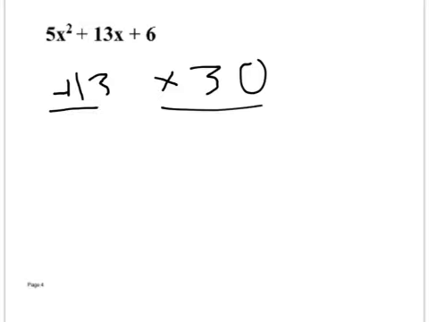Because we have 13 here, we're going to split it up. We need to see what adds to give us 13 and what multiplies to give us 6 times 5. What are the factors of 30? 10 and 3.